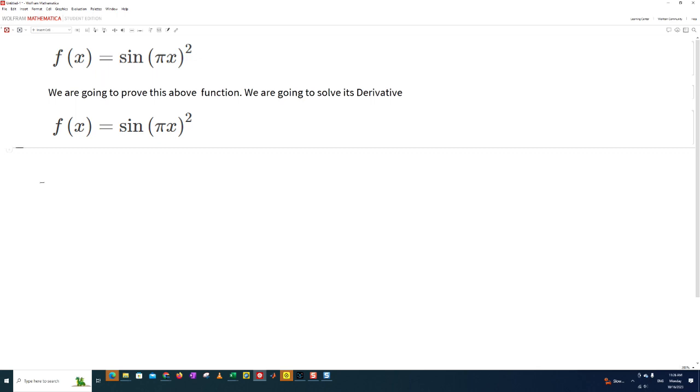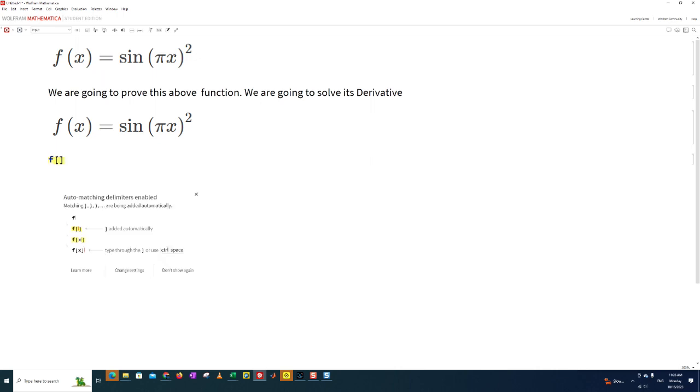So in Mathematica, to write a function, I say f, and then brackets, not parentheses, x underscore, and then colon equal, then sine with a capital S, because Mathematica recognizes its function by a capital from the beginning. And then brackets, parentheses.